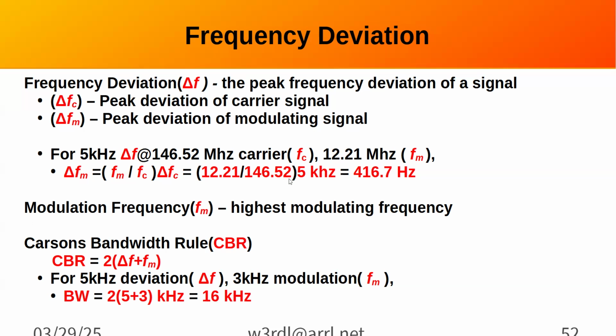You just happen to know. Yeah, 50 divided by 8. Oh, okay, all right. But then I don't know what the modulating frequency is. It's digital, it probably doesn't apply to this.